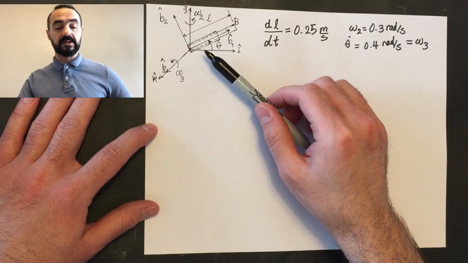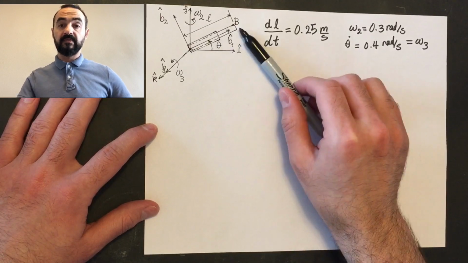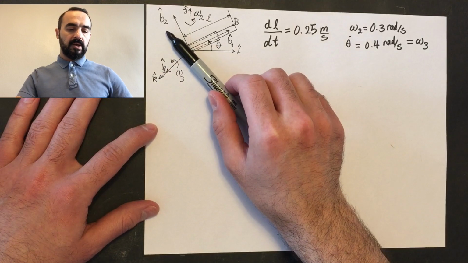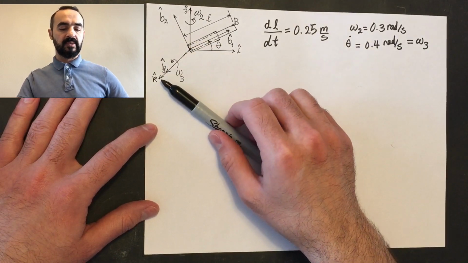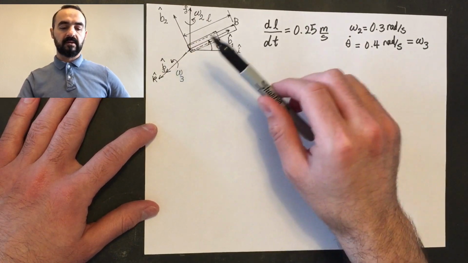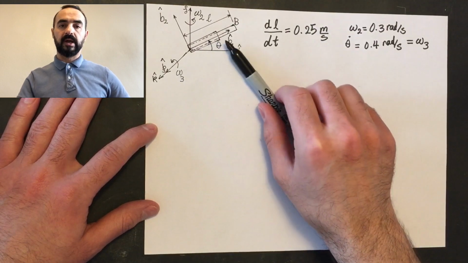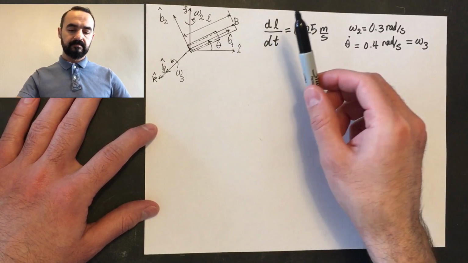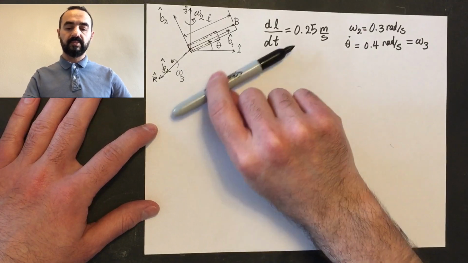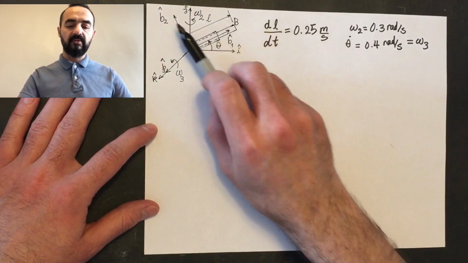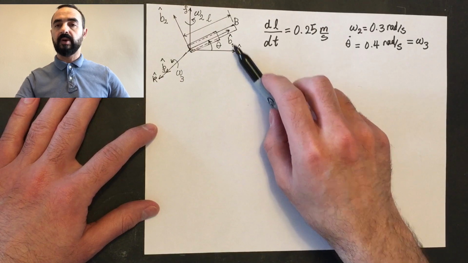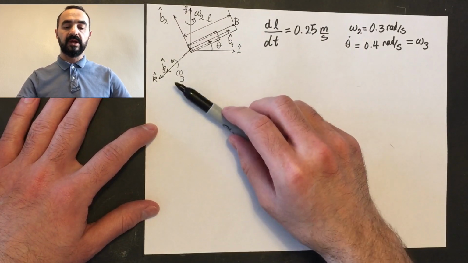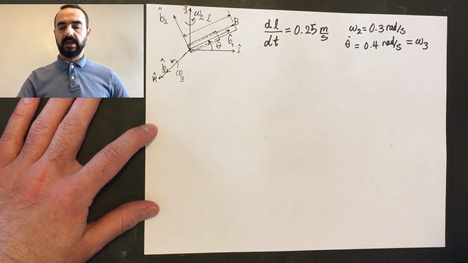So b1 hat is the unit vector along this arm, and then we have b2 hat, and then b3 hat is going to be along k hat. This is essentially the right-hand rule, because if I define my b1 hat in this way and b2 hat perpendicular to b1 hat, then my b3 hat has got to be along k hat.